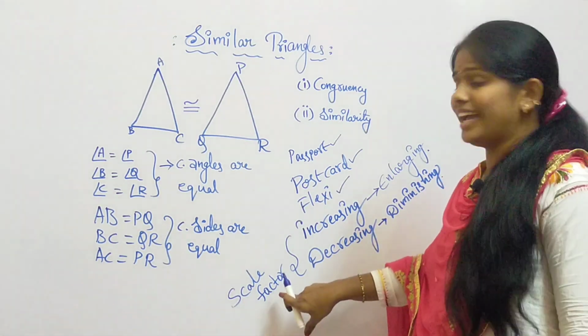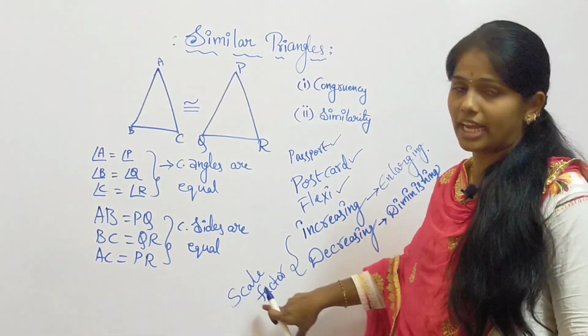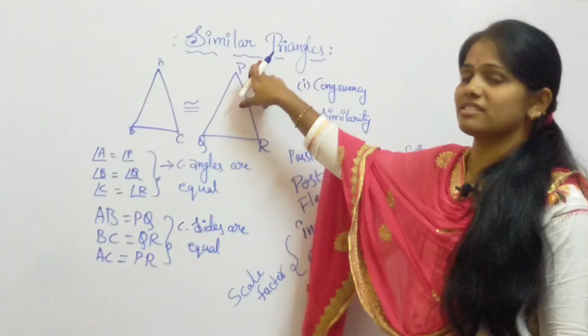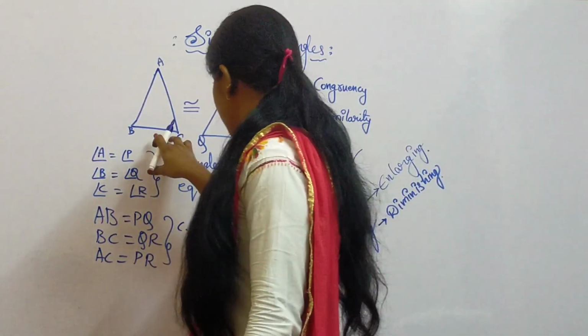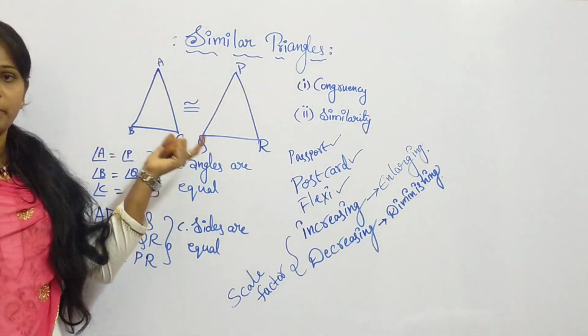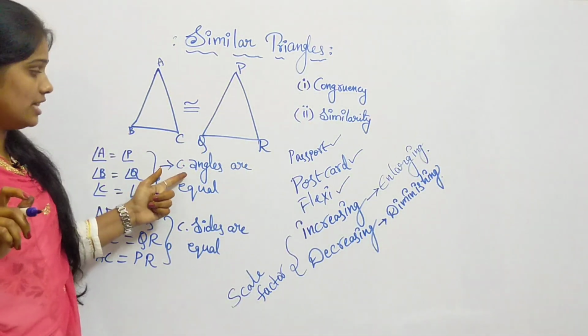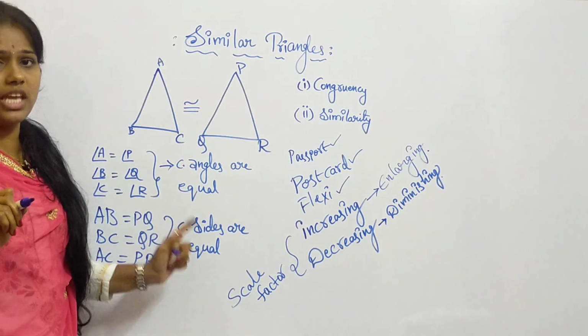Here guys, if you are clear with the concept of scale factor, then similarity is not a big deal for you. Just now we discussed that congruency means corresponding angles are same and corresponding sides are same.